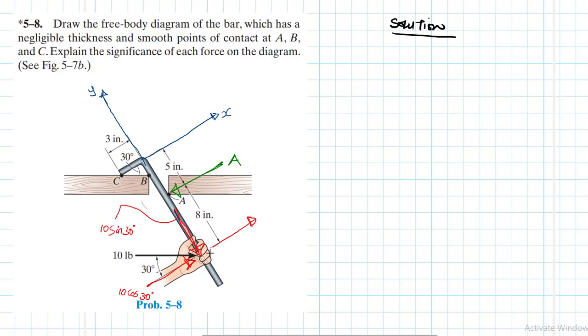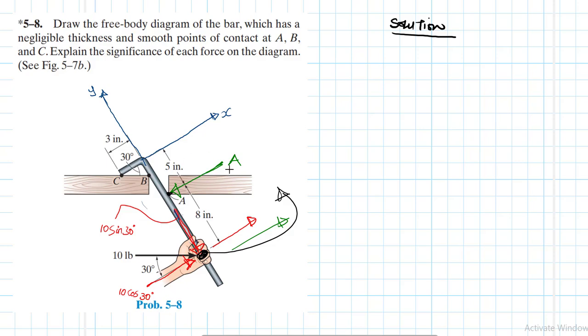And as the force is pushing this bar in this direction, this bar will tend to rotate like this. So this force at this point makes the bar rotate in this direction about point A. Agree?